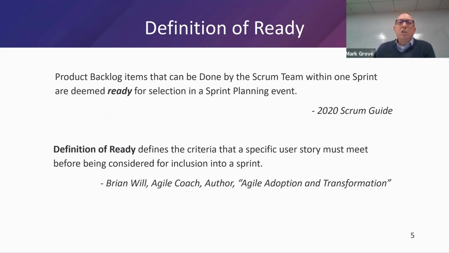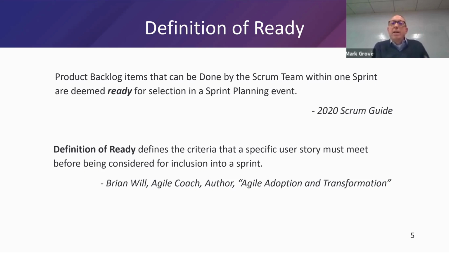So let's talk just briefly about definition of ready. Again, we're still within context here. The 2020 Scrum Guide doesn't explicitly call out a DOR or a definition of ready, but they do mention that our PBIs, or backlog items, those items that need to get done within a sprint, need to be ready.